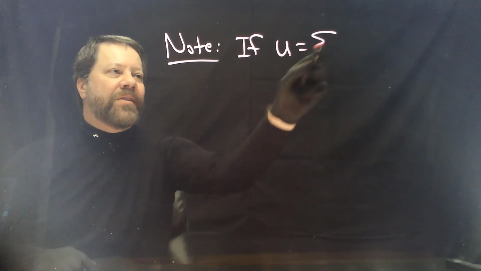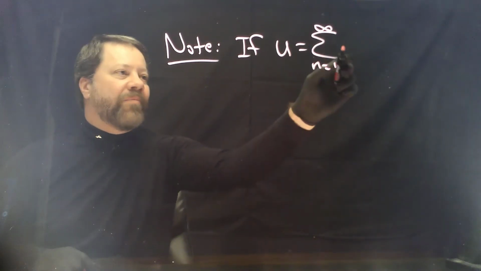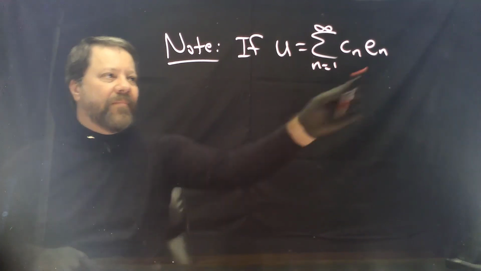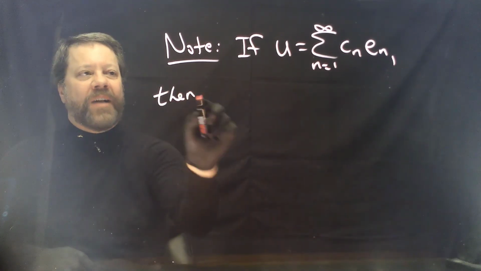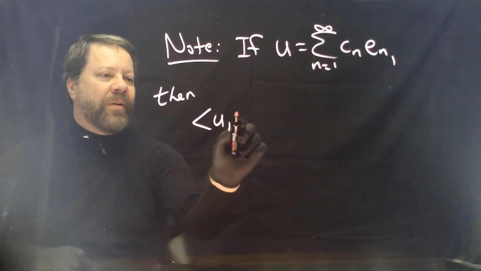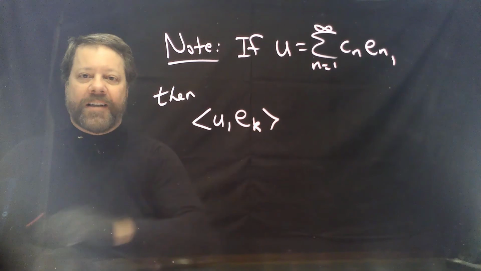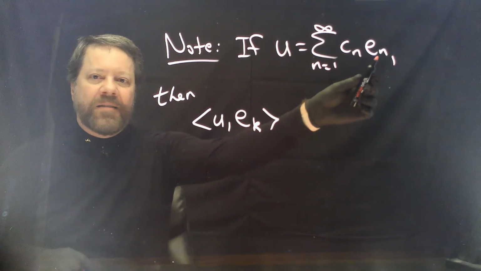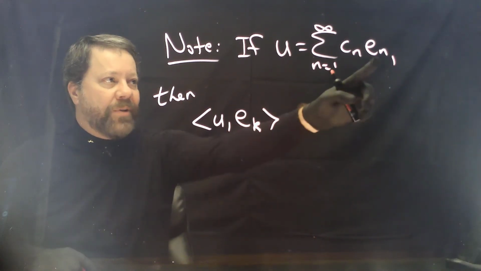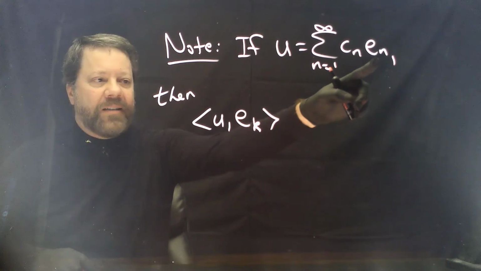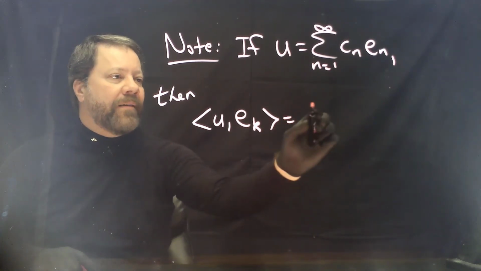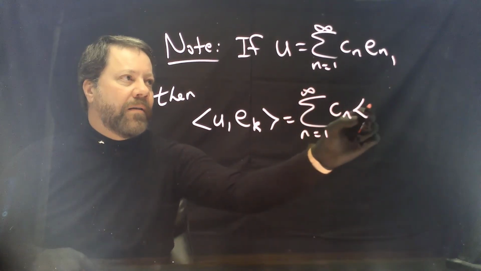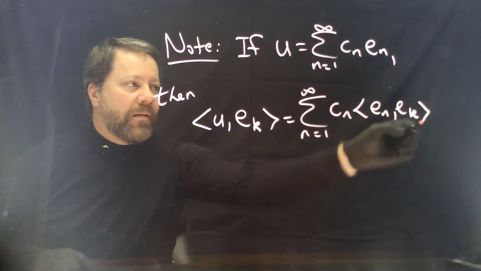Note, if some vector u is the sum as n goes from 1 to infinity of Cn En, where En is our orthonormal set, what happens if you take the inner product of u with, say, Ek for some fixed k? Then most of these inner products, the inner product of Ek with most of these En's, will be 0.